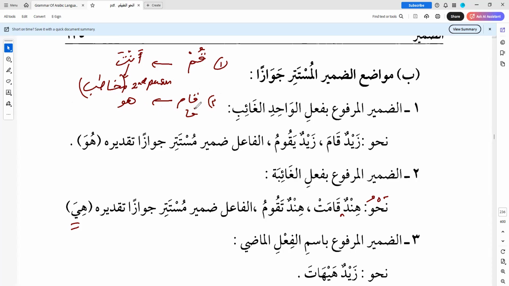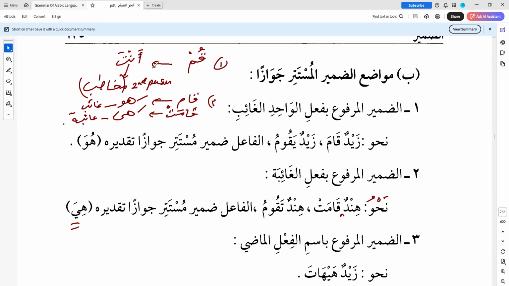If you say قامت, what is the ضمير? You see that this one is غائب and this one is غائبة. So this is third person pronoun masculine, third person pronoun feminine. Second person pronoun masculine, قم: ضمير مستتر تقديره أنت في الأمر.